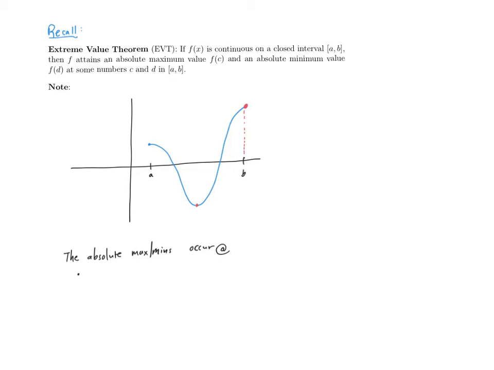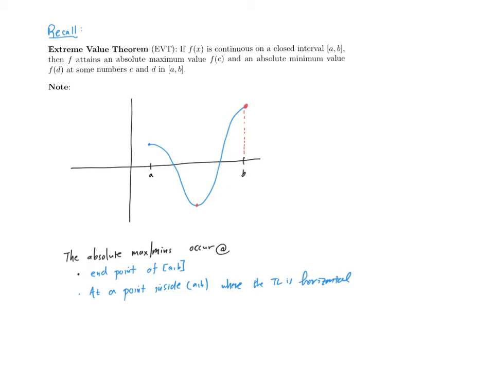Absolute maximums and minimums occur at exactly two types of points. They will occur at an endpoint of the interval, as the absolute maximum did above, or at a point inside a to b with a horizontal tangent line, which is exactly where we left off in our previous video.